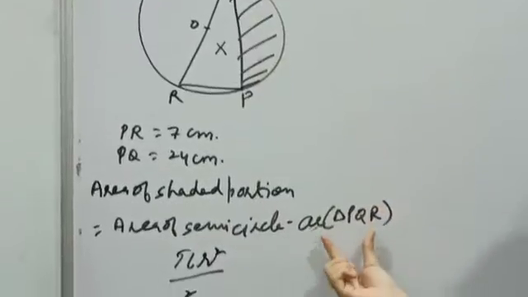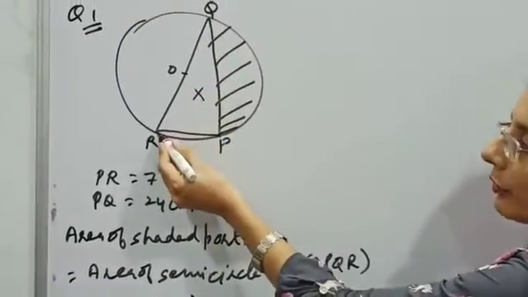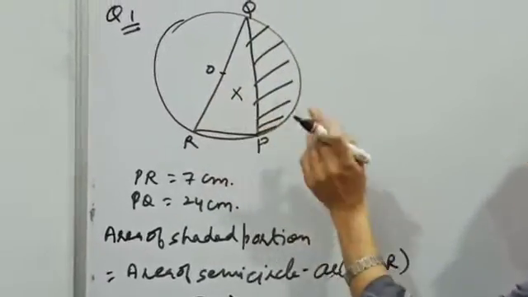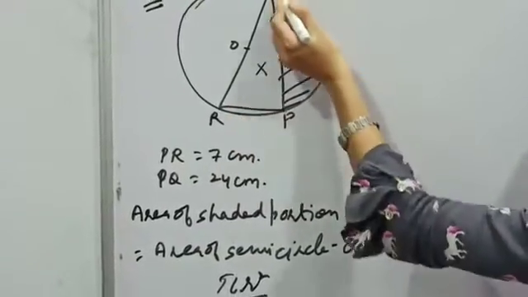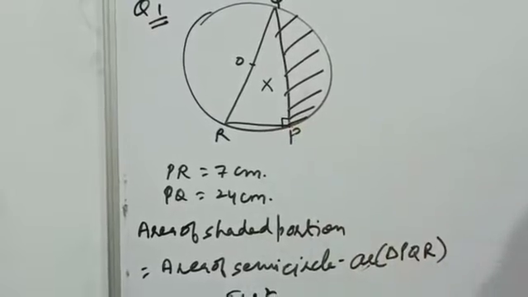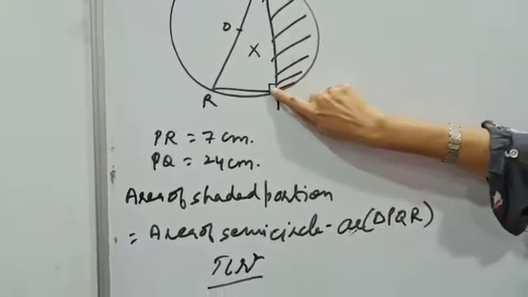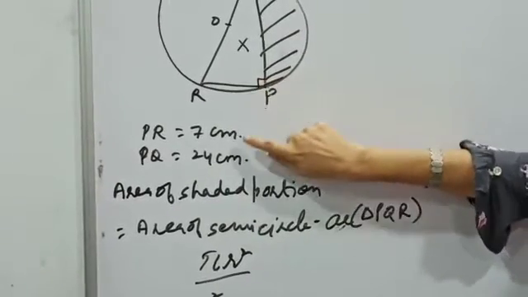Now let us see, as QR is a diameter of the circle and also a side of the triangle, the point P lies on the semicircle. So this implies there will definitely be a right angle, as in 9th class we studied that the angle in a semicircle is always 90 degrees. So this triangle is a right angle triangle.